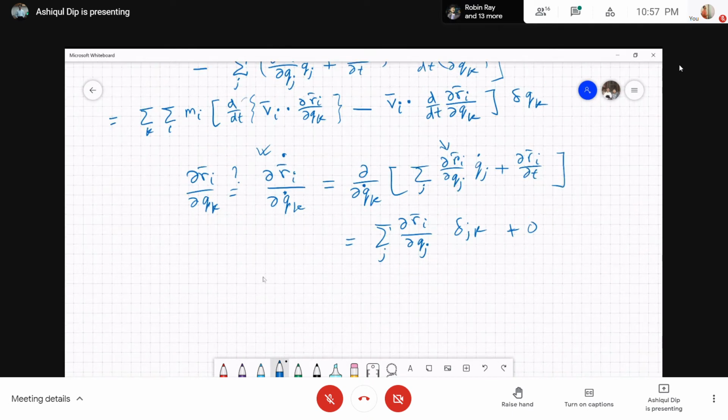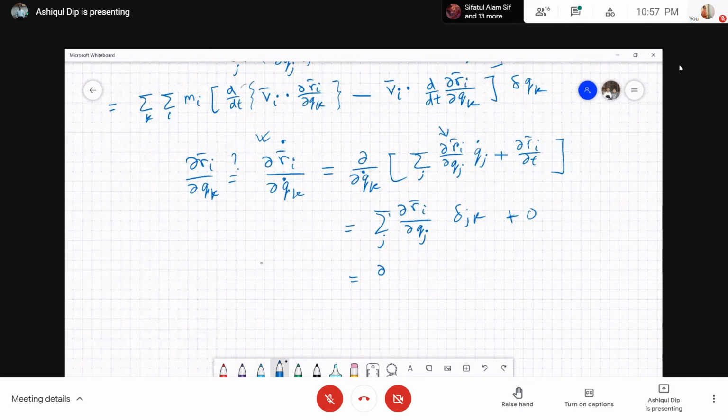So now we are left with ∂r_i/∂q_k, which is what we claimed. So basically, you can add a dot over here and over here. You can think of it like these two dots cancelling out, and that's why we call it cancellation of dots.